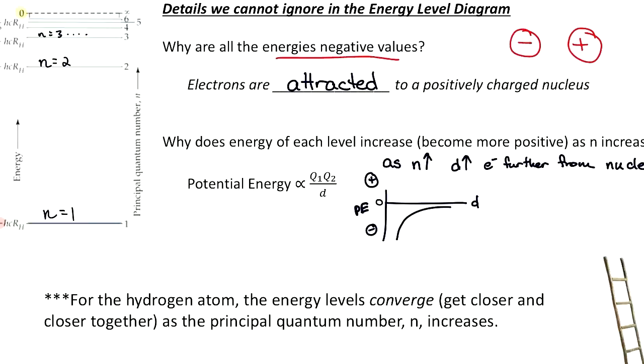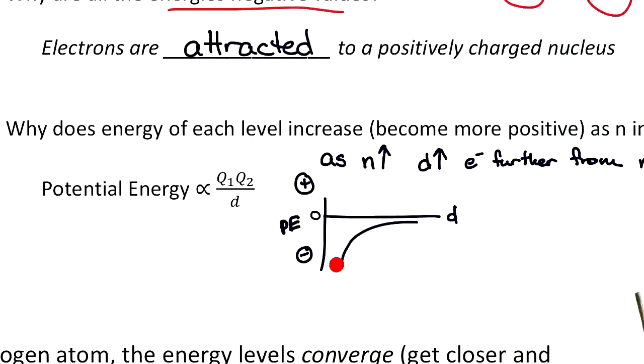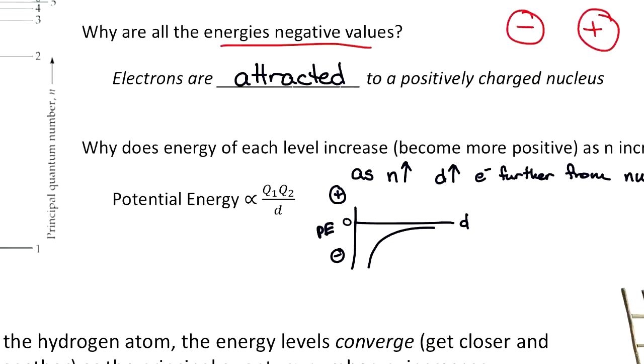Why does that happen? Well, if we look at this energy graph for a typical attractive electrostatic energy, what we see is that as the n value, our energy level, increases, the distance of our electron from the nucleus gets larger and larger. When we look at this, we see that as we change the distance of our electron from the nucleus, the largest change happens when the electron is close to the nucleus.